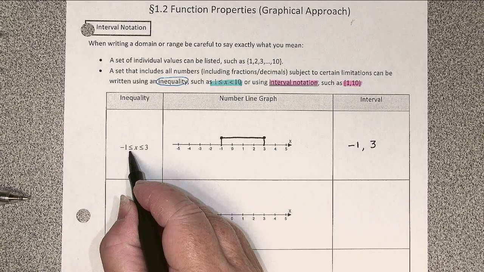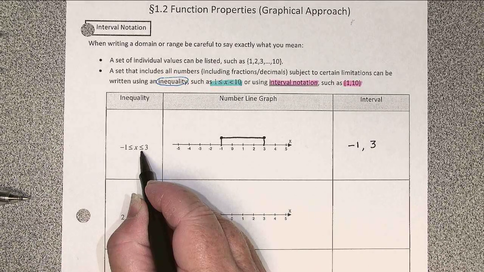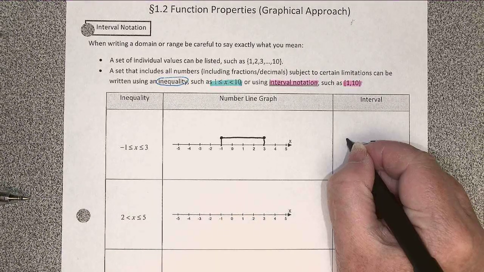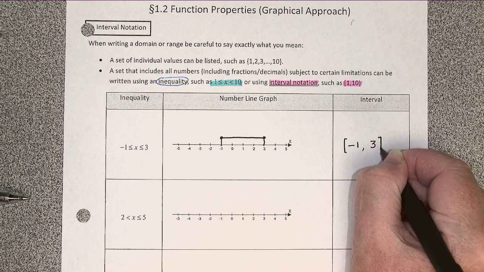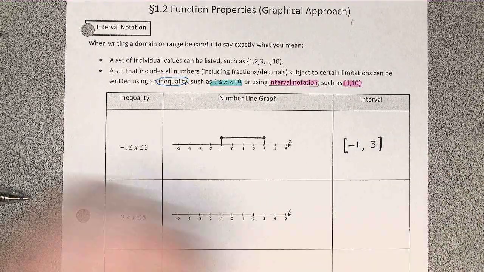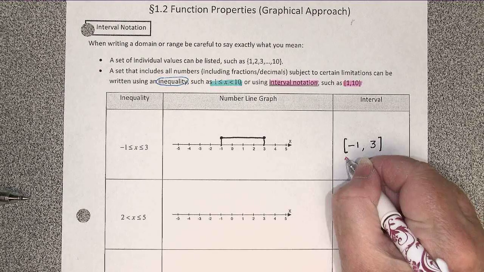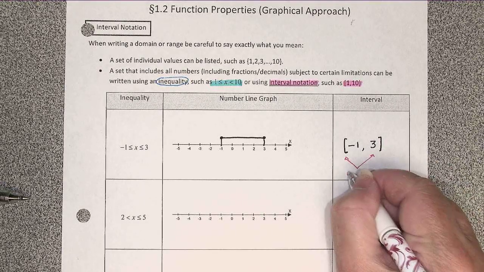And notice, it's not just less than signs here, it's actually less than or equal to signs. The way that I show that in the interval is with these brackets. The brackets really mean include the endpoints, include the -1 and the 3.